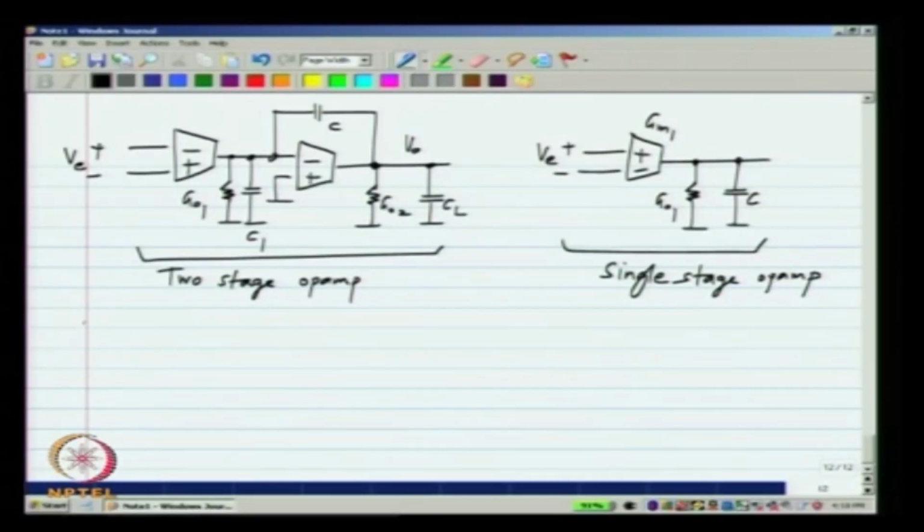And this has 2 poles. I will write only the approximate values here.